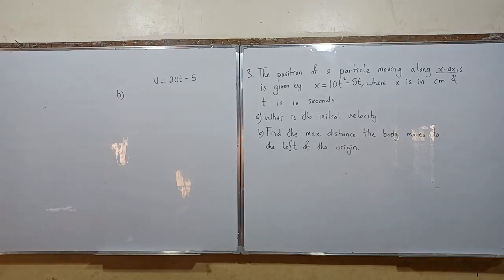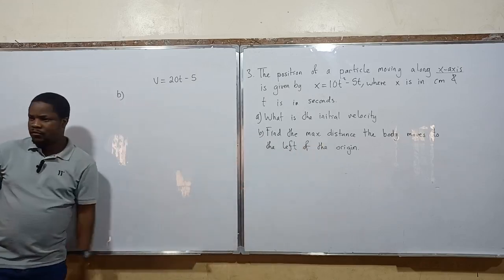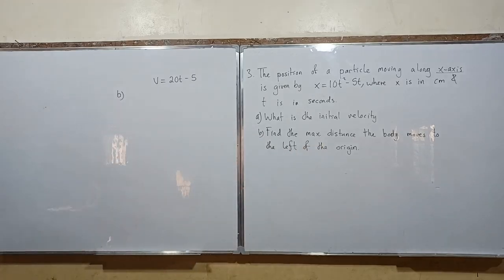Explain. Where it is supposed to reach, it is going to reduce its speed and become zero. That's correct. As simple as that.